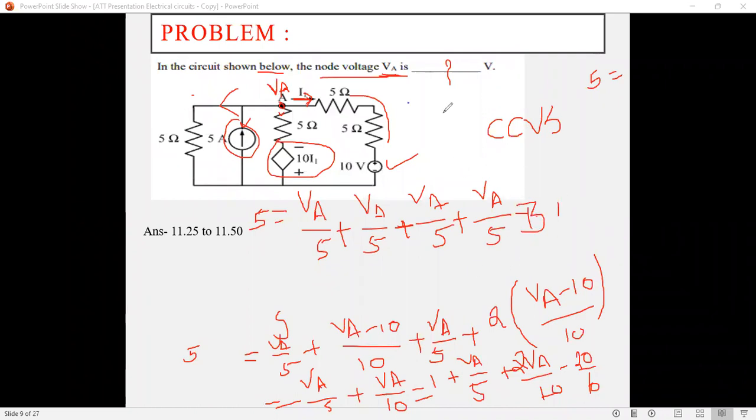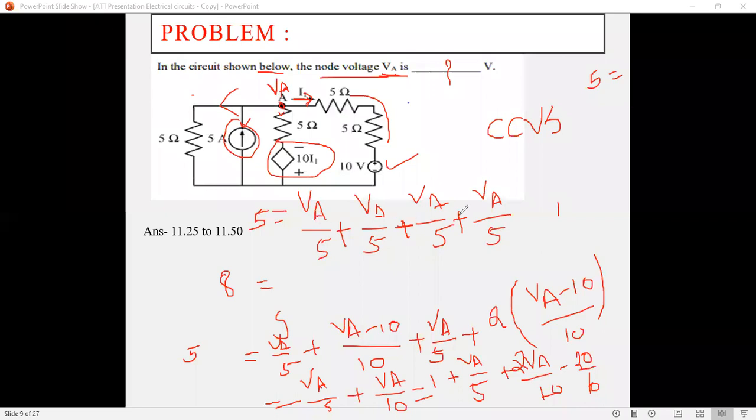Okay, so this minus 3 can be shifted to the left hand side, so it becomes plus 3. That is 5 plus 3, it is nothing but 8. It is equal to, so all remains the same. The denominator of this term remains the same, that is 5.